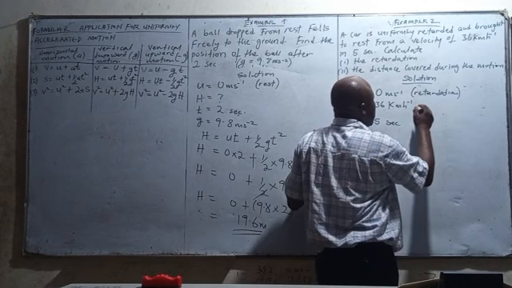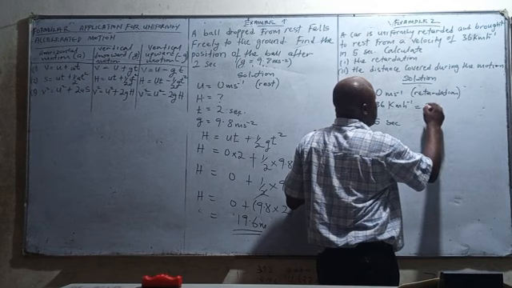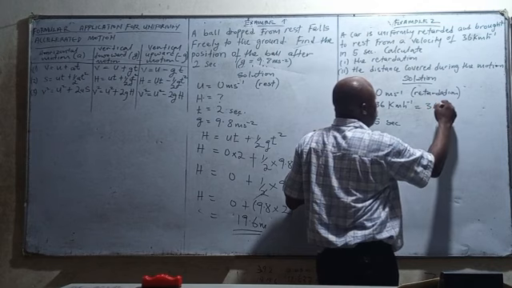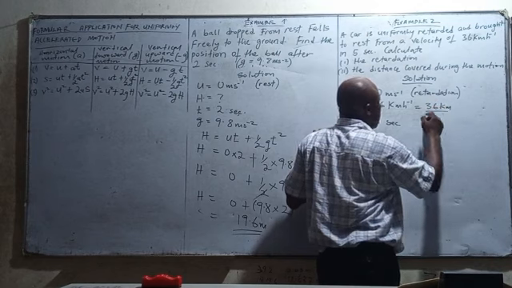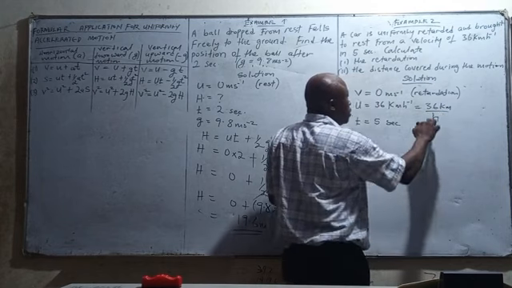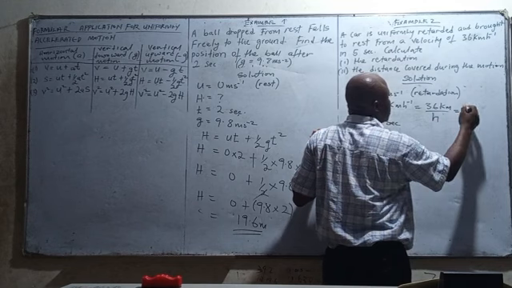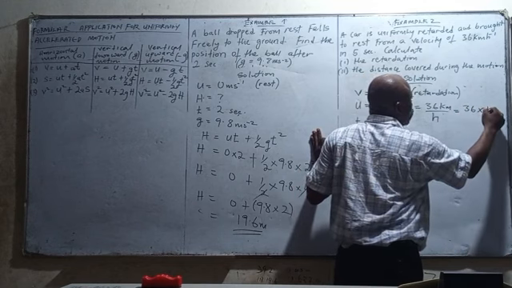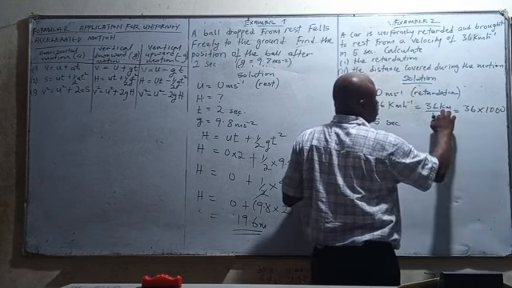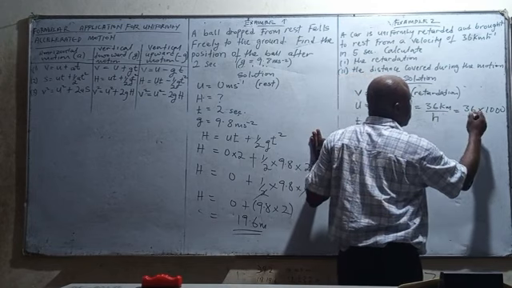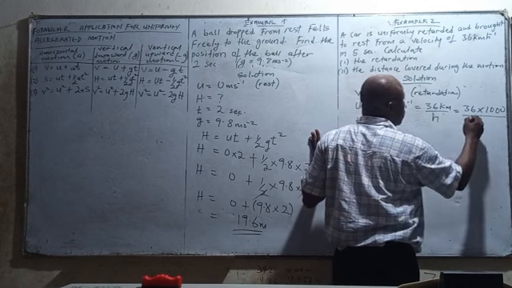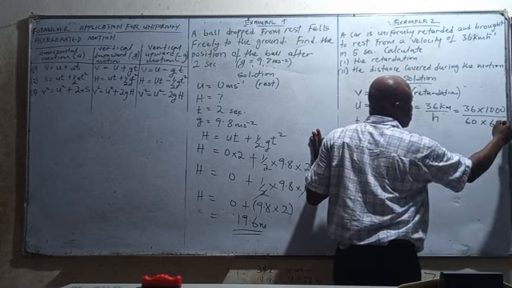So we can write this as 36 kilometer over the hour. So this can also be written as 36 times 1000, because the kilometer there is 1000 meter, over the hour, which is 60 times 60.